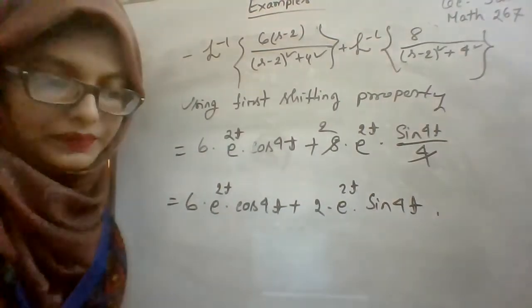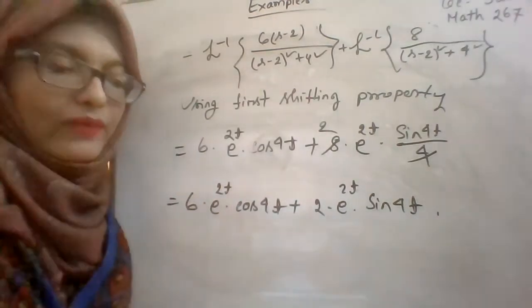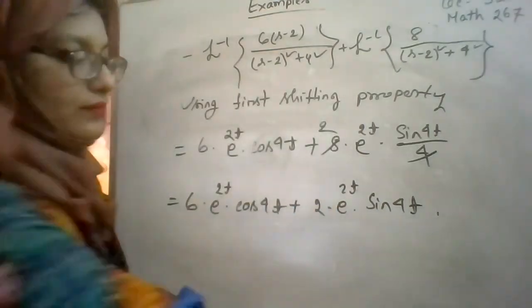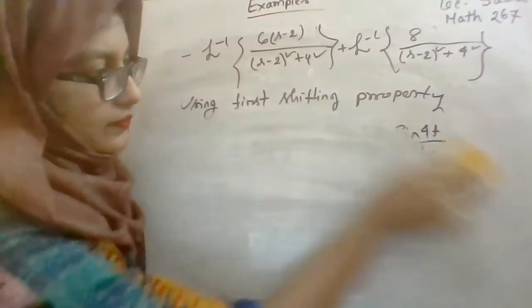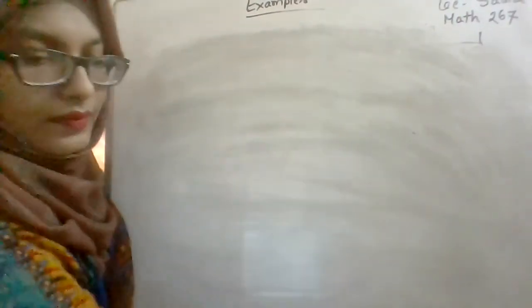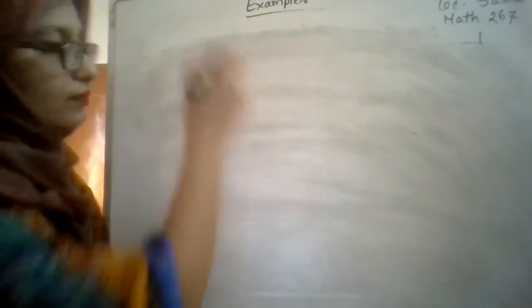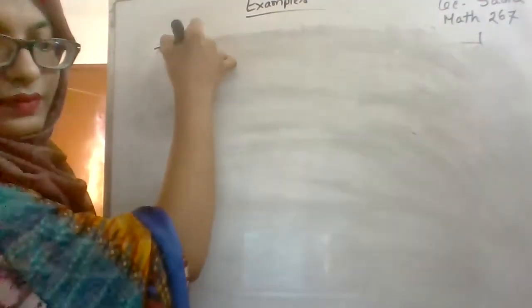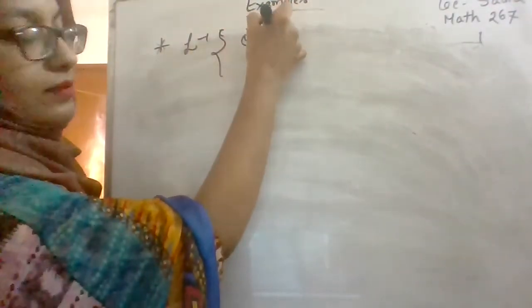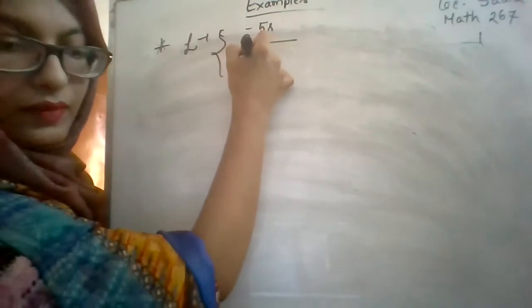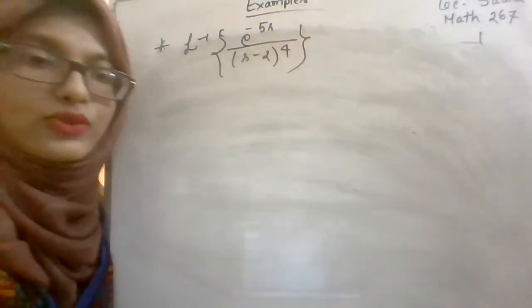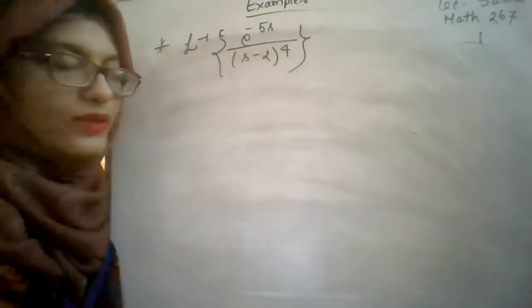Now I will go for the example of the second translation or shifting property. At first you should know what the second translation property is.